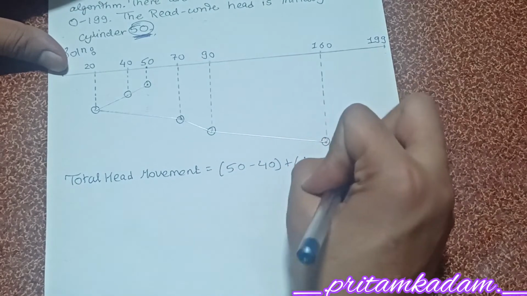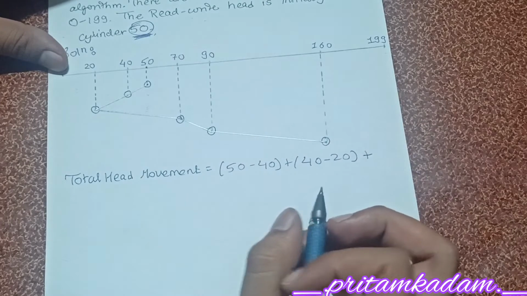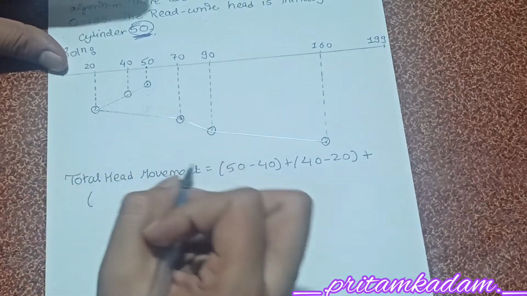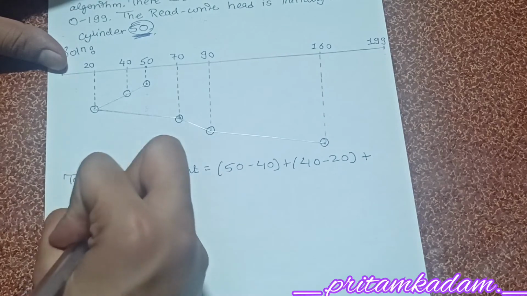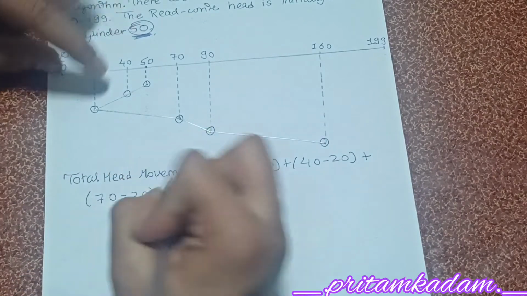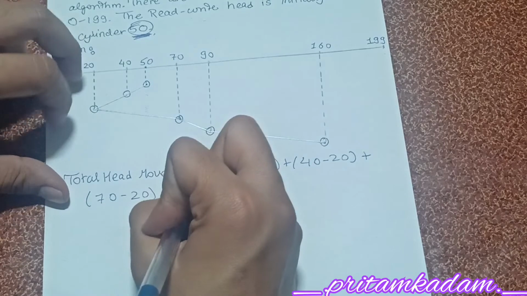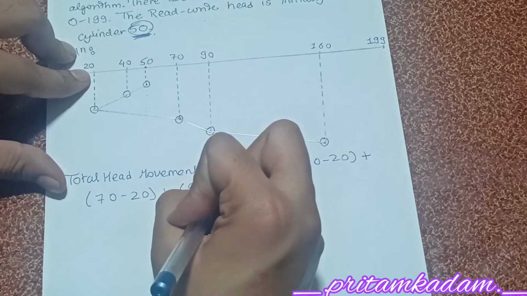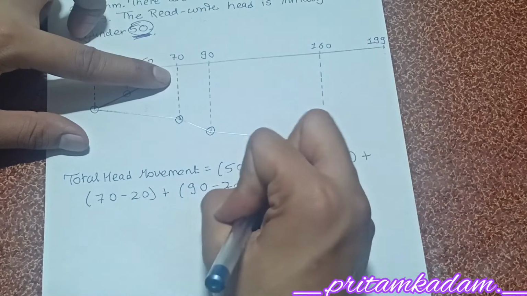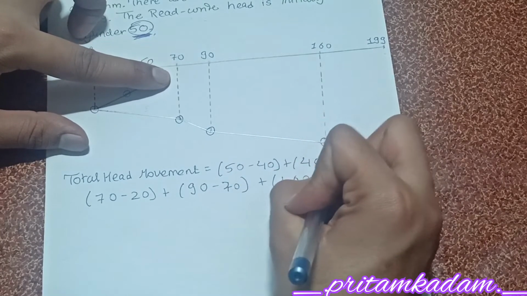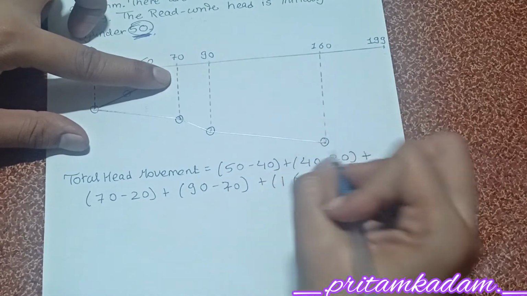Then from 40 it went to 20, so 40 minus 20. Then from 20 it went to 70, so 70 minus 20. Now it went from 70 to 90, so 90 minus 70. And then in final stage it went to 160, so 160 minus 90.